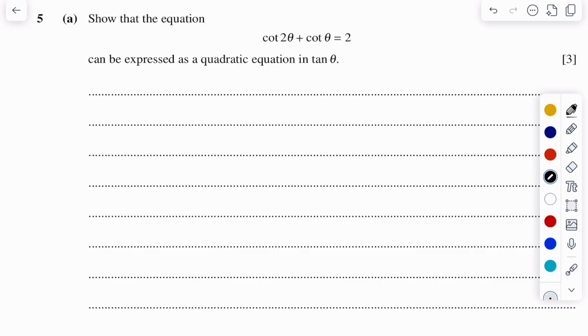So we know that cot theta is equal to 1 over tan theta, right?